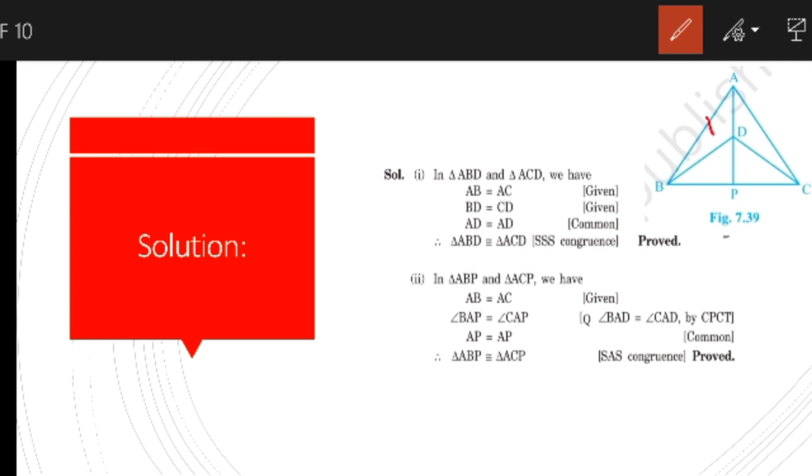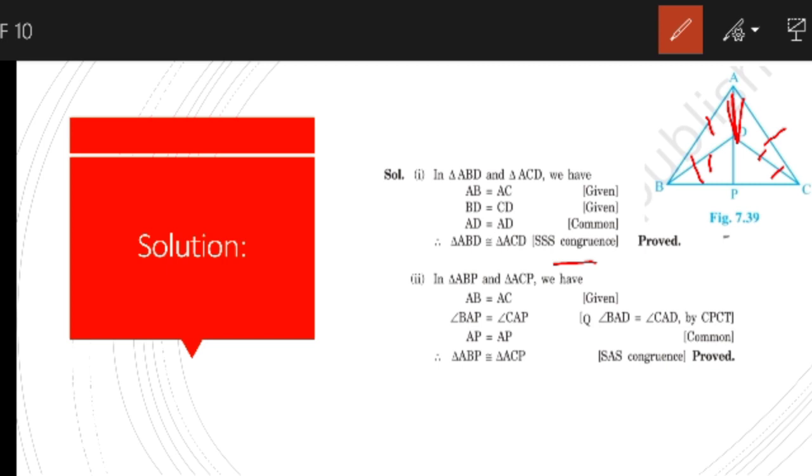That means AB and AC are equal, then BD and DC are equal sides. Since they are isosceles triangles, this is given. So AB is equal to AC is given, BD is equal to CD is also given. AD is the common side for the triangles. So we can say that the triangles are congruent by SSS congruence rule. SSS means side, side, side congruence rule.